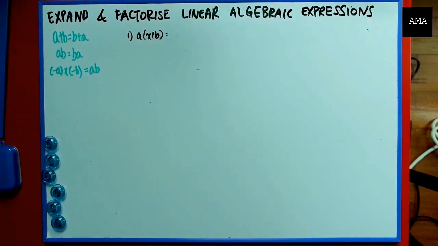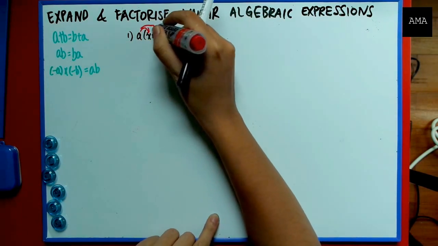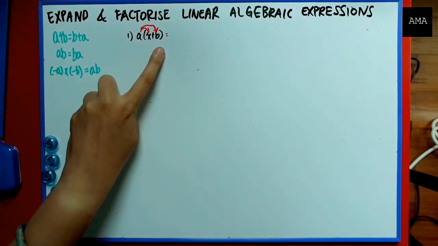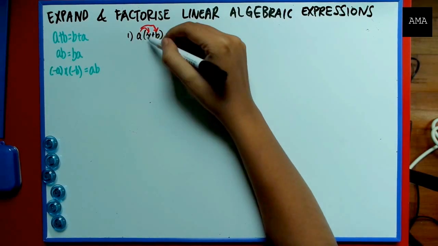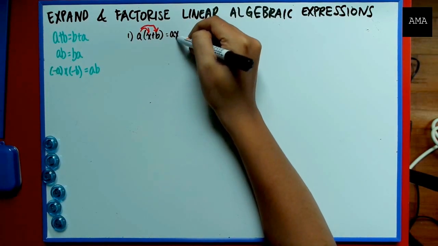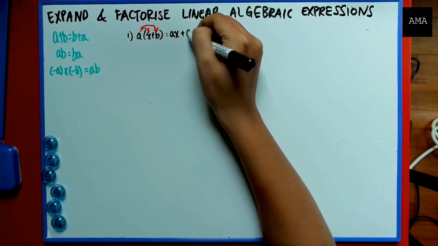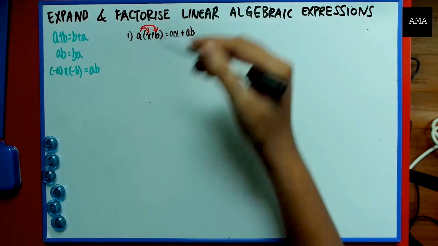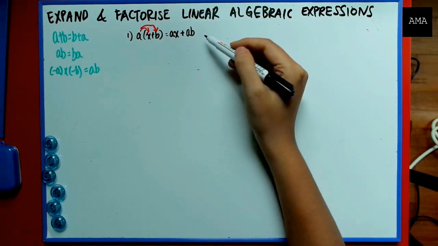So how do we do that? You have to multiply a on the outside to every term that's on the inside, okay? So I have a times x, which is ax, plus a times b, ab, okay? So this is a relatively simple version, okay?